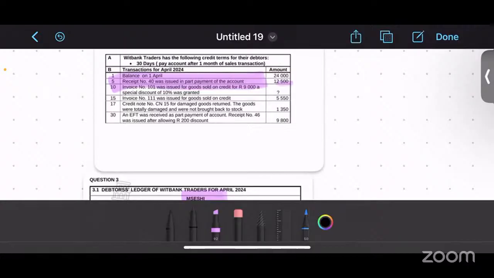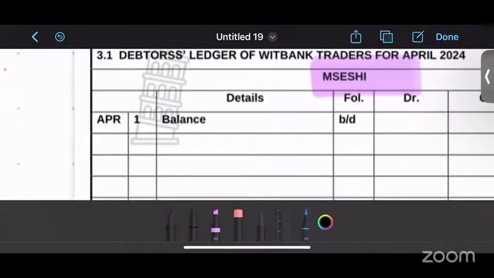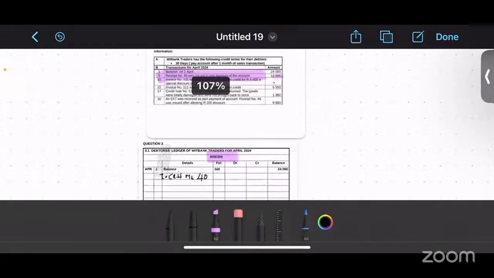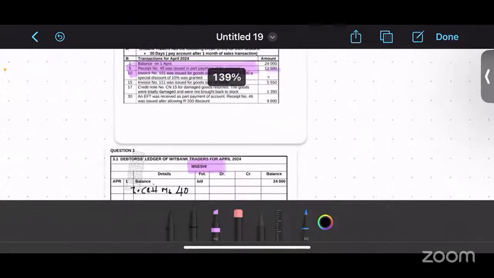Ma'am, it's going to be receipt number 40. Then the amount, you credit the amount.